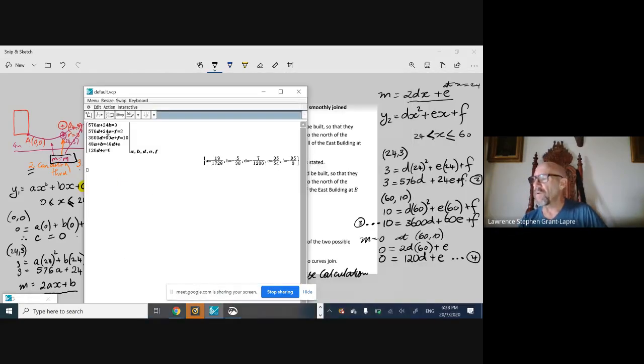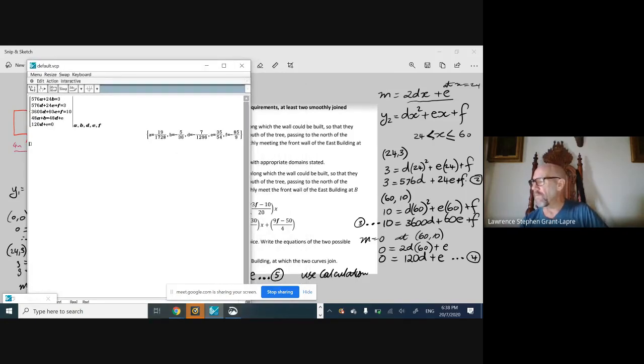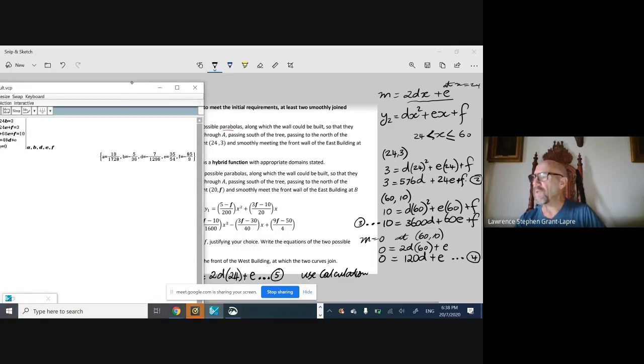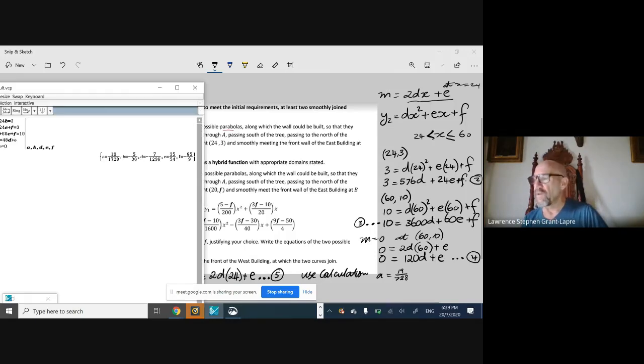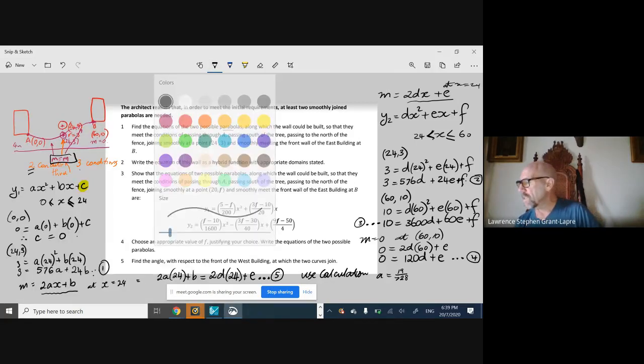Now, the five variables are A, B, D, E, and F. Okay, we've got the five in this bracket here. We've got the vertical line here, and we press done. Now, therefore, we've got the values. A is 19 over 1728. B is negative 5 over 36.